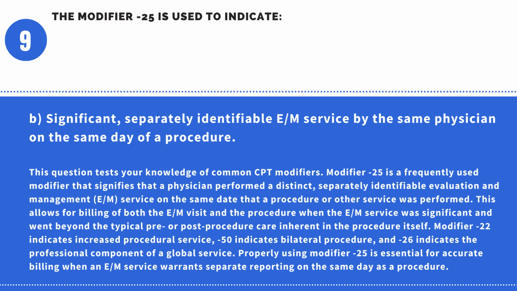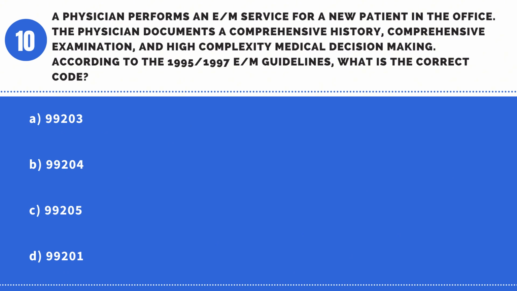Modifier -22 indicates increased procedural service, -50 indicates bilateral procedure, and -26 indicates the professional component of a global service. Properly using modifier -25 is essential for accurate billing when an E/M service warrants separate reporting on the same day as a procedure.